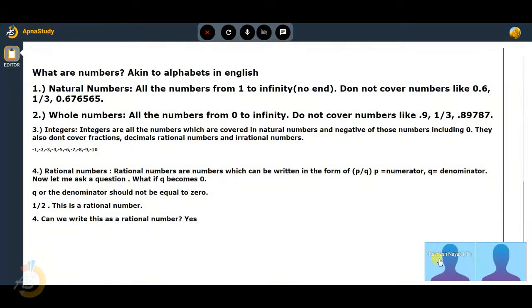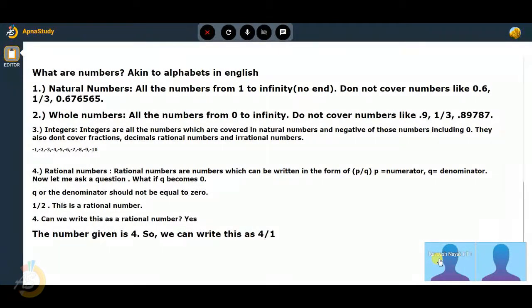Let us see how. The number given is 4. Just 4. No minus, no fraction form, nothing else. As we know, anything divided by 1 is the number itself. That is clear, no? So we can write the number 4 as 4 upon 1, which is automatically equal to 4 only.